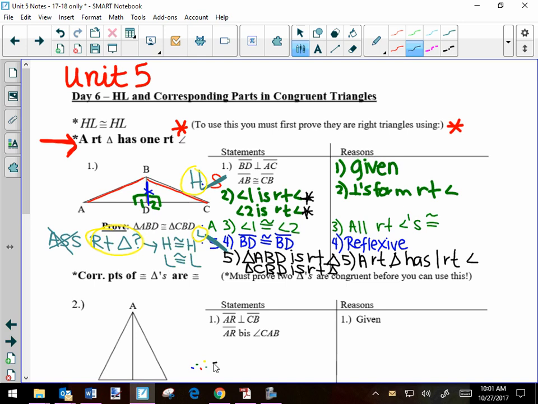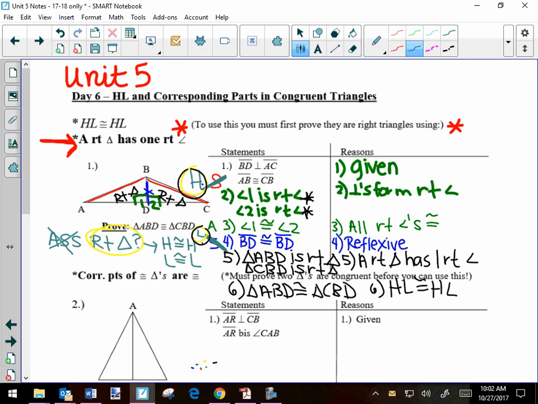And as soon as I know that I have right triangles, and I have hypotenuse congruent to hypotenuse and leg congruent to leg, now I can say in my proof that triangle ABD is congruent to triangle CBD. And my reason is hypotenuse leg congruent to hypotenuse leg. Very specific proof. You have to make sure that you are identifying right triangles, not right angles, right triangles, before you use hypotenuse leg.